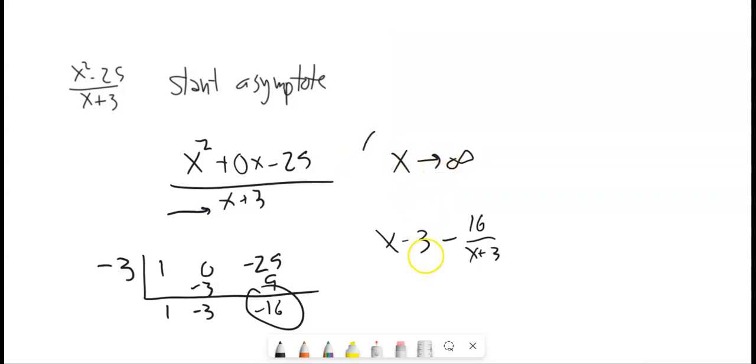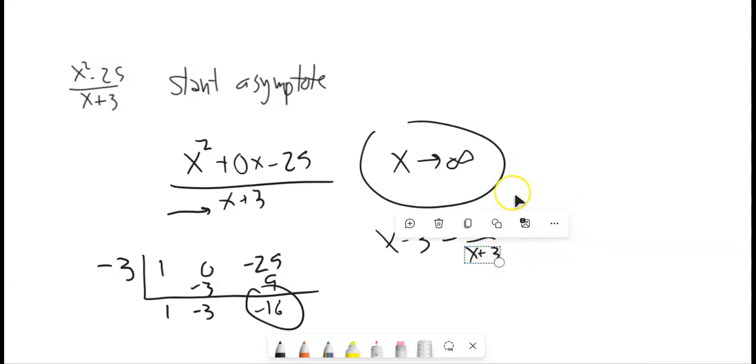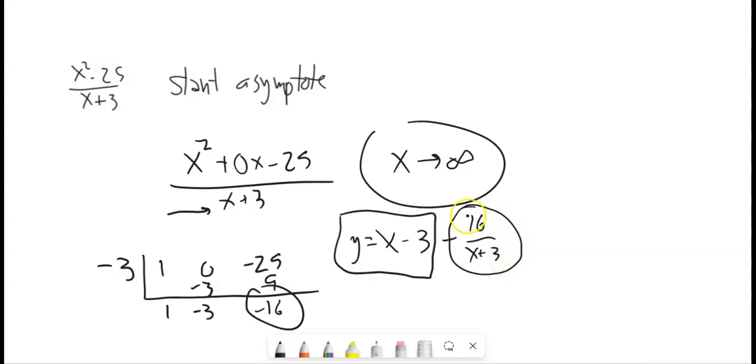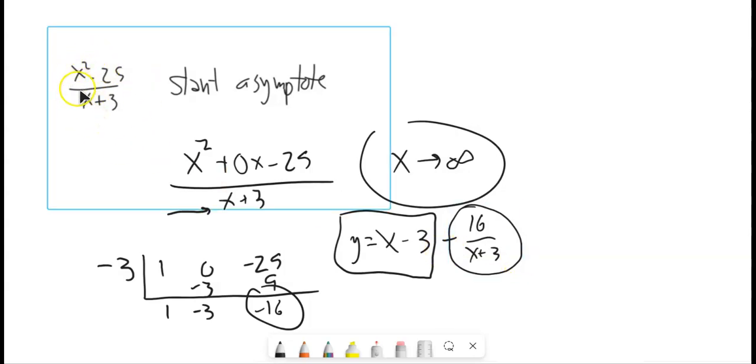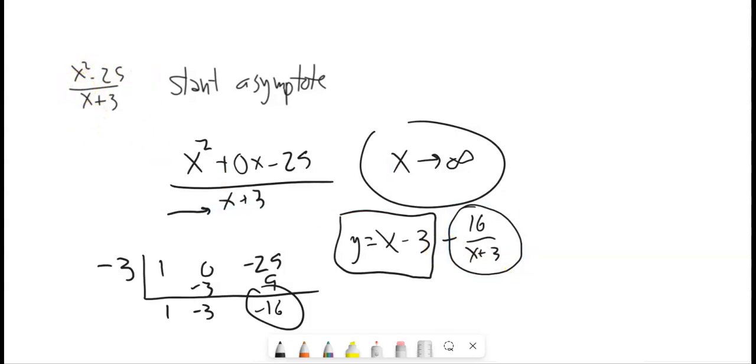So as x gets really big, notice what happens here. 16 over really big is essentially 0. 16 over a million and 3, 16 over a billion and 3. So as x gets bigger and bigger, this gets closer and closer to 0, becomes insignificant. So this, y equals x minus 3, that's our slant asymptote. That is the thing that this gets closer and closer to as x grows without bound.